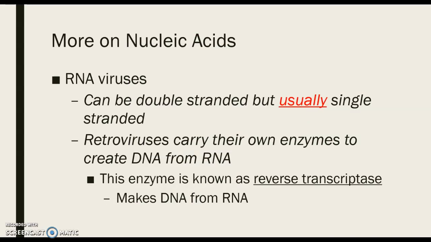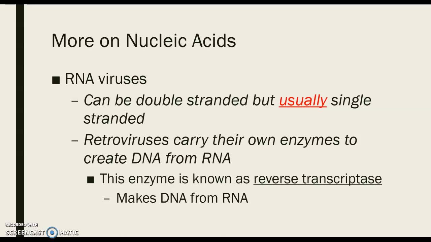More on nucleic acids. RNA viruses can be double-stranded, but usually they are single-stranded. Retroviruses carry their own enzymes to create DNA from RNA, and that's known as reverse transcriptase. Basically, that allows the virus to make DNA from RNA.